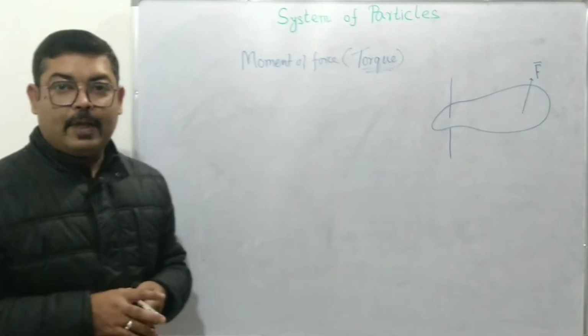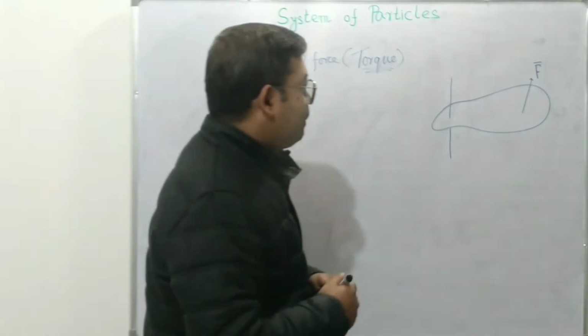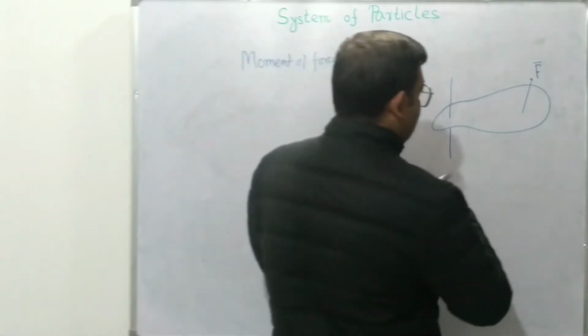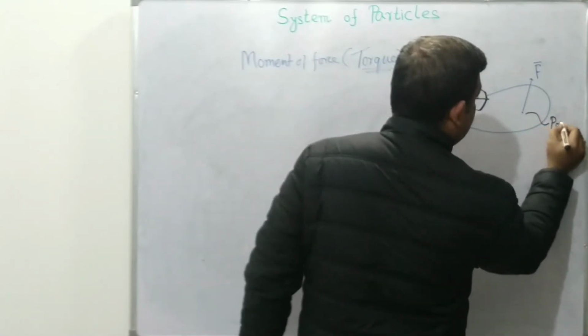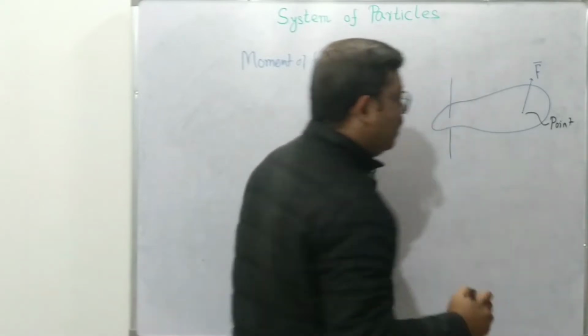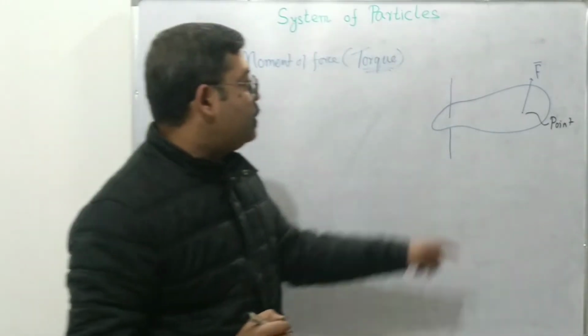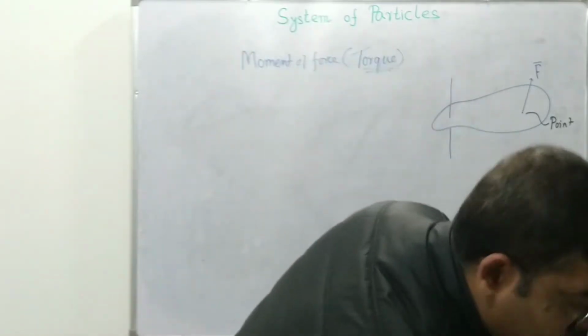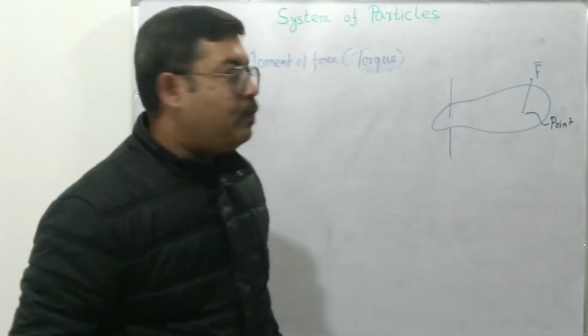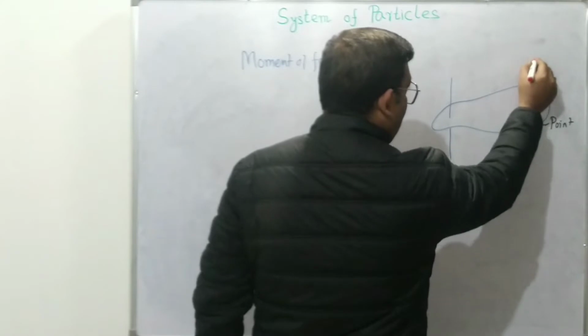Now, what is the line of application of the force? See, this point is where the force is acting. This is the point of application of the force. At this point the force is applied, so it is known as the point of application. Now, what is the direction of the force? This. So the force will be acting along this line.